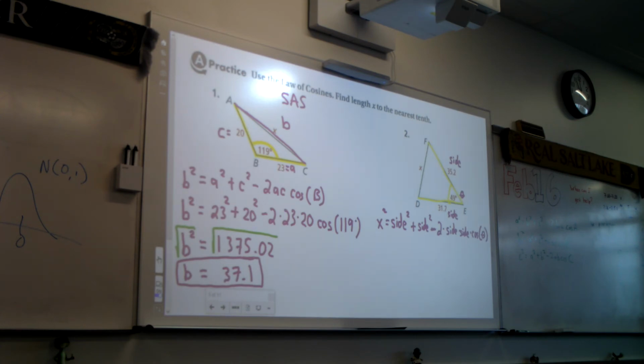All right, so Antonio, will you help me out on this one? What was one of my sides? So I'm going to say x squared is 35.2 squared. What was the other side? Okay. And then I need to subtract 2 times those sides, so I have 2 times 35.2 and 31.7.